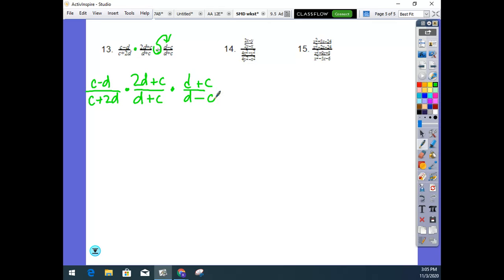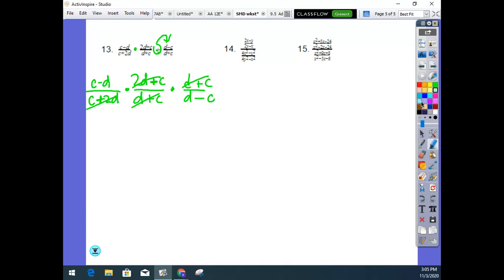So nothing needs to be factored. We can just cancel. C plus 2D is exactly the same as 2D plus C. When you add, the order doesn't matter.